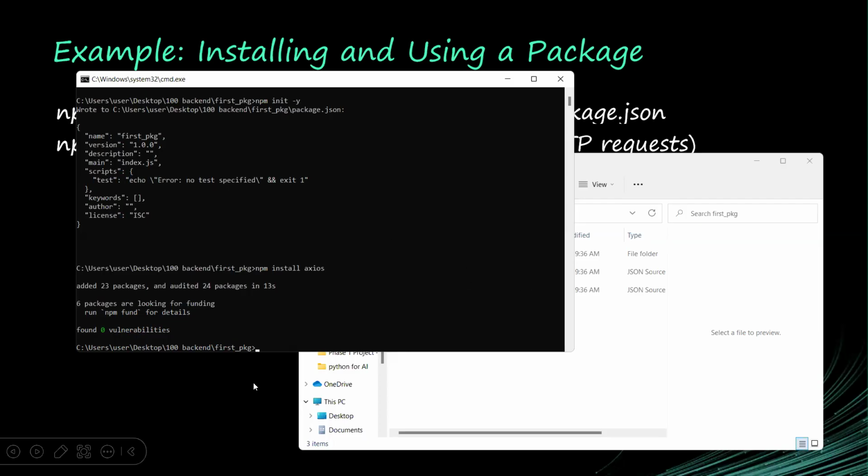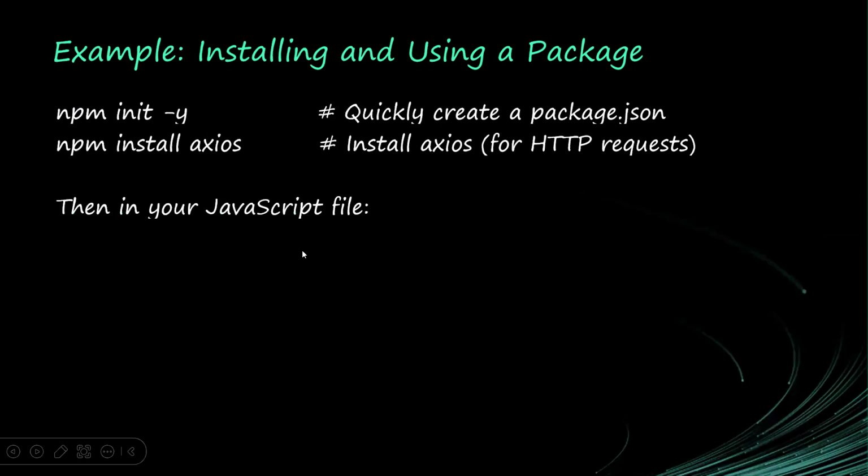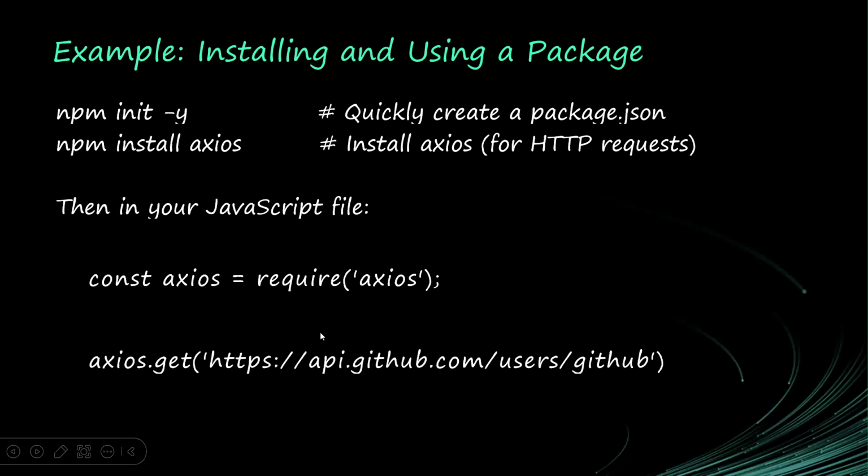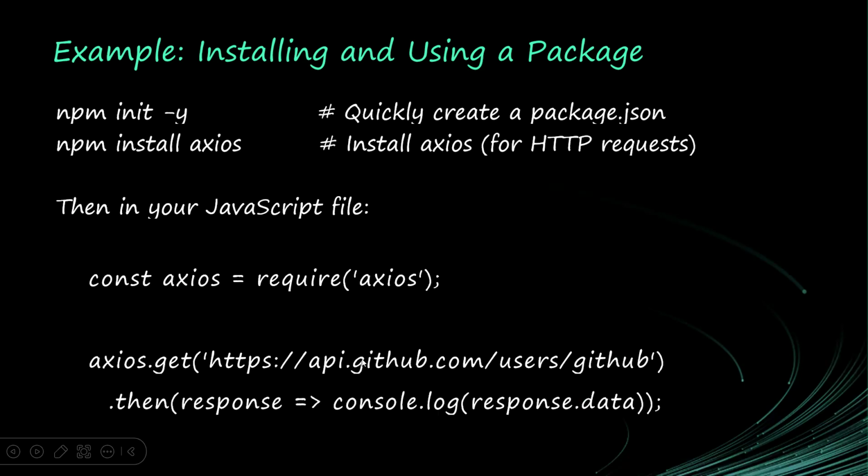Okay. All right. So now, in your JavaScript file, you can write this code and then run this. This is the code you can actually write, but we are not going to write this code now.